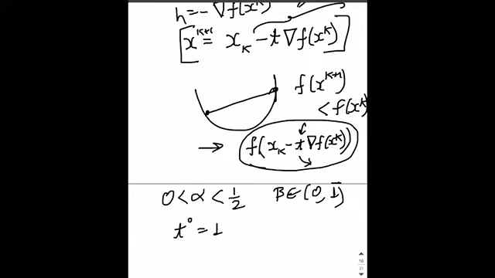If this is greater than f of x_k, we decrease t by beta. So t1 equals beta times t0, and similarly we keep going until the backtracking exit condition is satisfied.